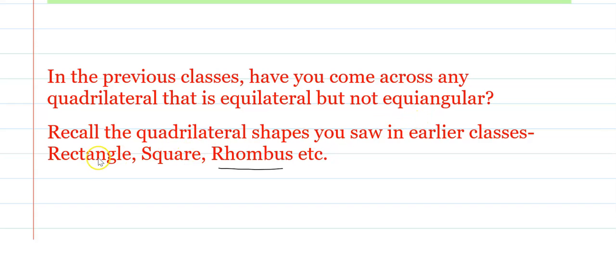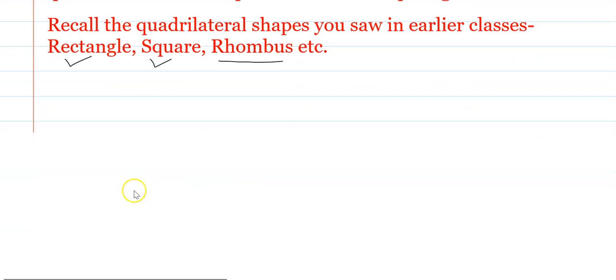Okay. And recall the quadrilateral shape you saw in the earlier classes. You can see this, the rectangle. It is not a regular polygon, but the square is a regular polygon. Rhombus is equilateral, but it is not equiangular. Okay. Now, next.